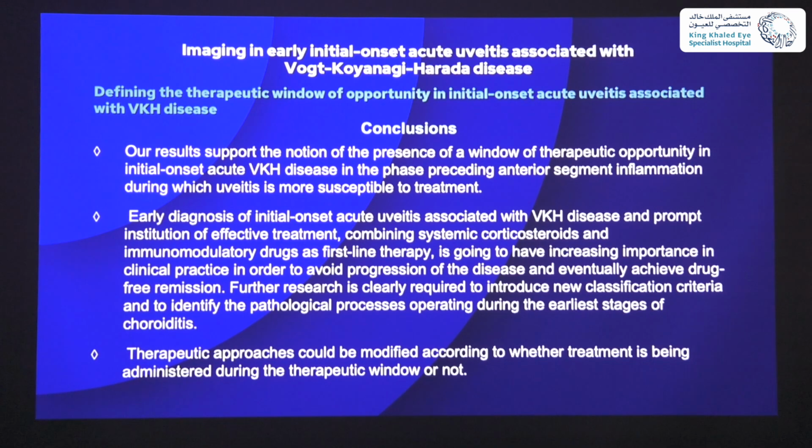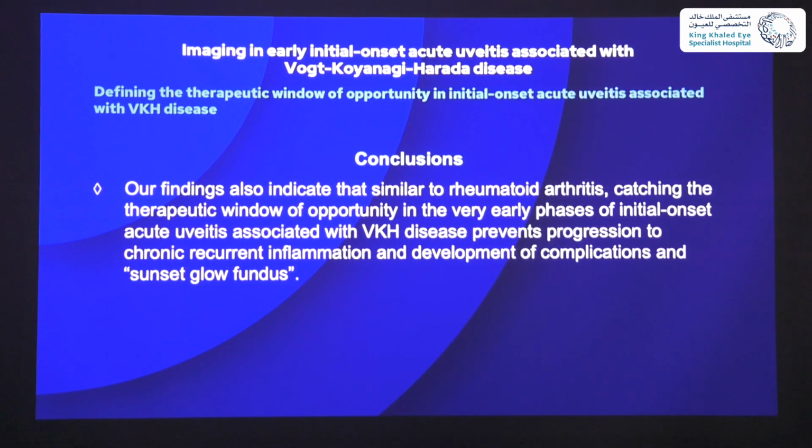Therapeutic approaches should be modified according to whether treatment is started in the early phase or late phases. Our findings also indicate that, similar to rheumatoid arthritis, catching the therapeutic window of opportunity in the very early phases of initial onset acute uveitis associated with VKH disease prevents progression to chronic recurrent evolution and development of complications.